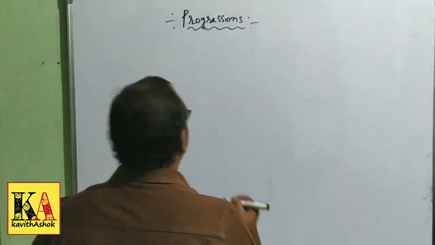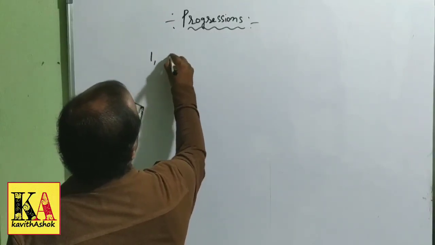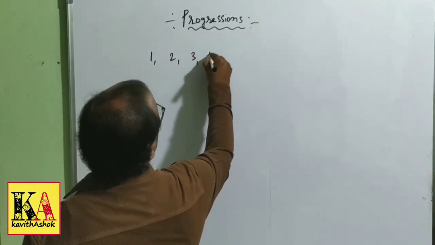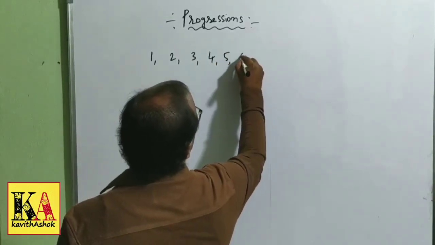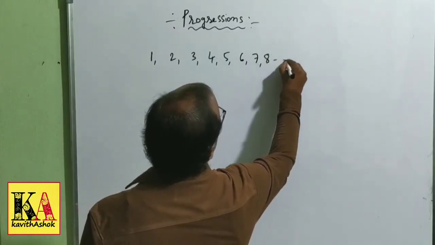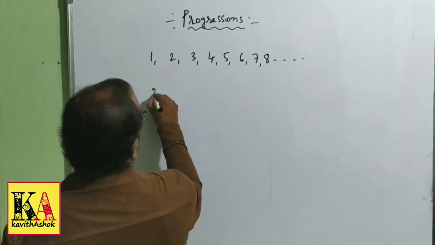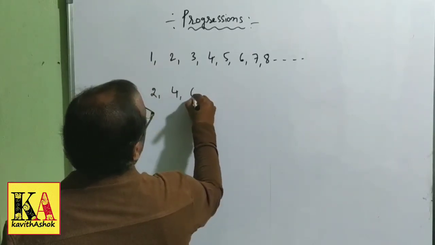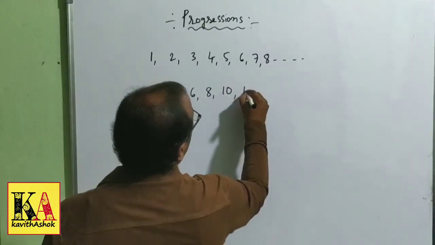Look at it now. Suppose 1, 2, 3, 4, 5. What is the next number? 6. Next 7. Next 8. And so on. 2, 4, 6, 8, 10. What is the next number? 12.